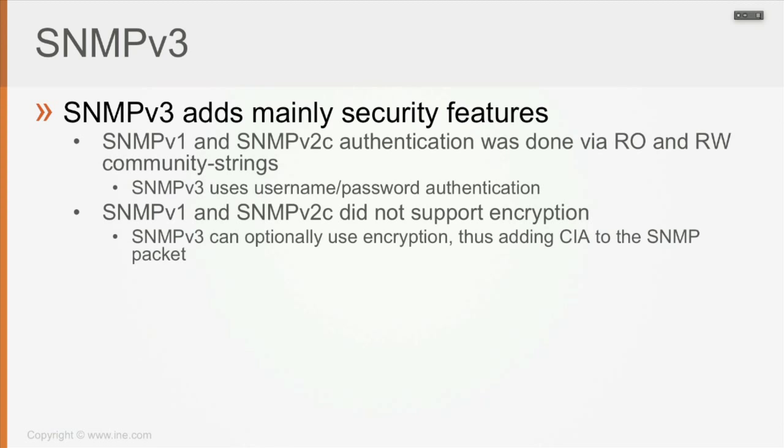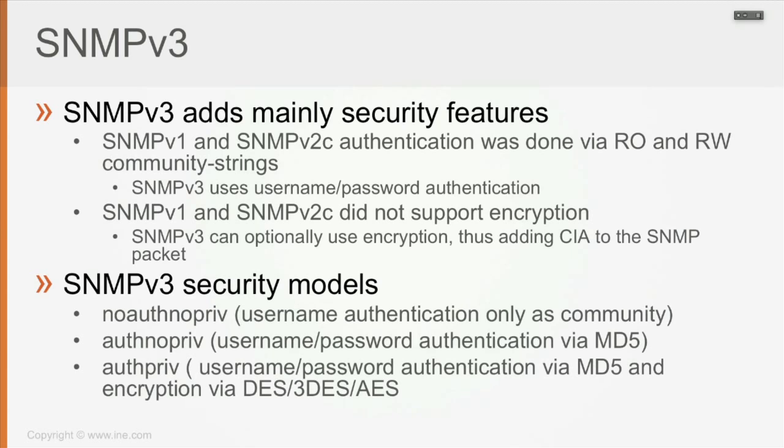Also, SNMP version 1 and version 2C did not support encryption, which means, as we were saying, that the packet was visible in the transit path in clear text. But SNMP version 3 can optionally use encryption. Of course, that means that both the agent and the manager have to support encryption. And by using encryption, we add confidentiality, integrity, and authentication to the SNMP packet.